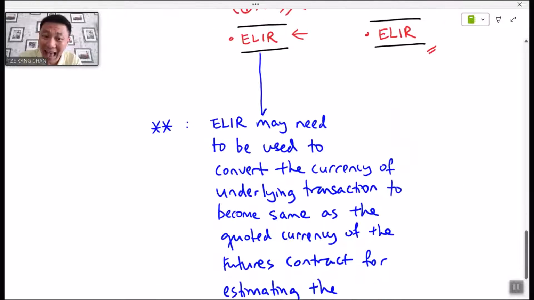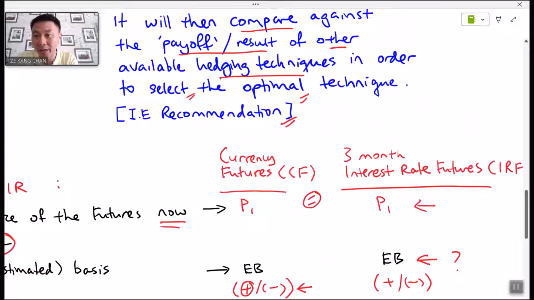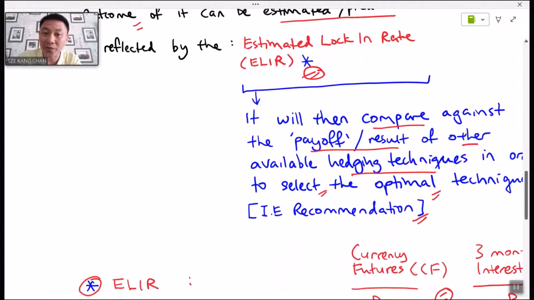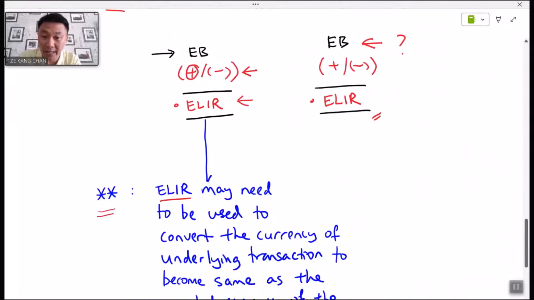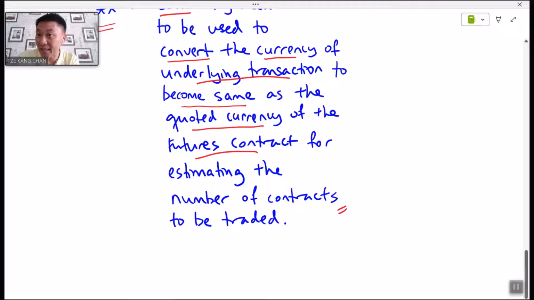In some example or examination questions, the ELIR, as indicated by the double asterisk shown above, could be used and needs to be considered in determining the number of contracts for the futures to be traded, especially when there is a need to convert the currency of the underlying transactions to become the same as the quoted currency in the futures contract, in order to estimate the number of contracts that need to be traded.